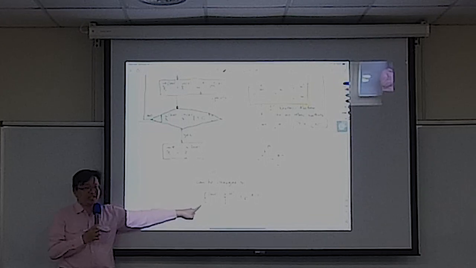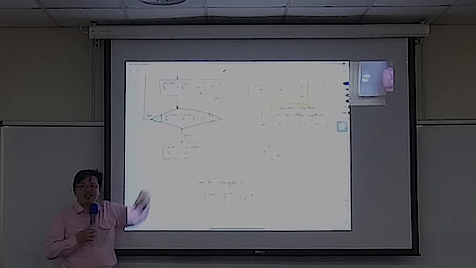It can be changed to, for example, f k plus 1 minus f k, and whether it's smaller than some value or not. You can check this instead of this. You can even check both. The convergence check could be heuristic.